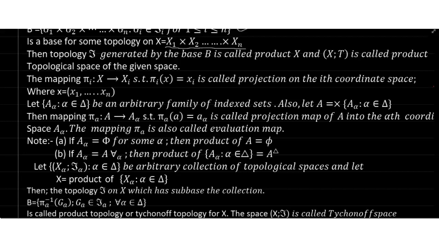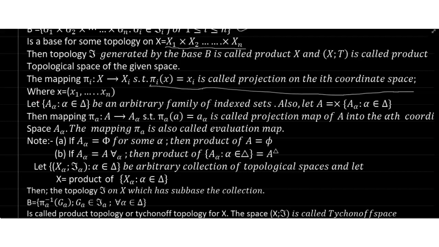The mapping pi i from X to Xi such that pi i(x) = xi is called the projection on the ith coordinate space, where x = (x1, ..., xn). Let A alpha, where alpha belongs to Delta, be an arbitrary family of indexed sets.